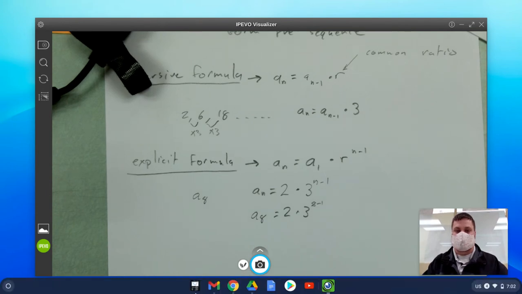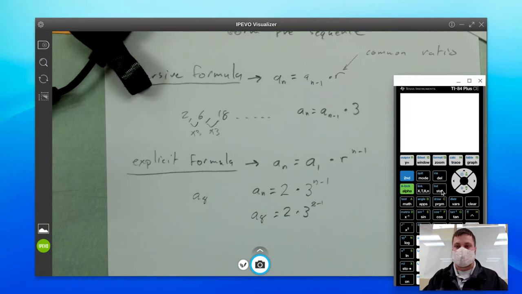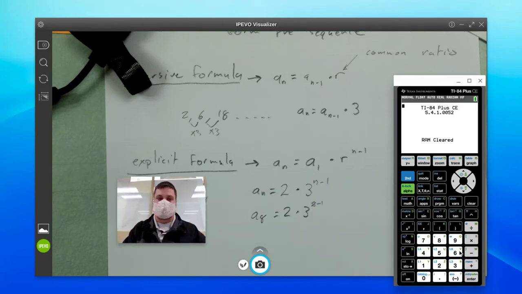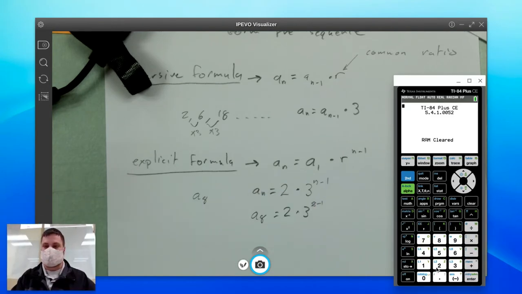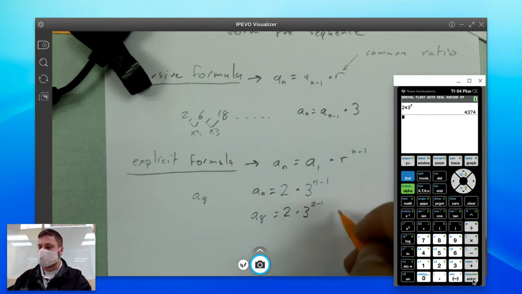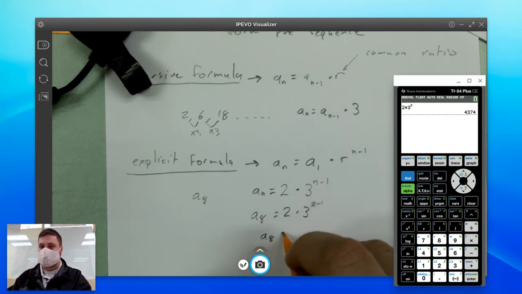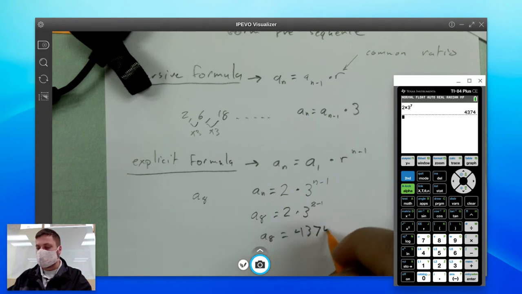So I can take my calculator here. Let me move this video to the other side so you can see I've got 2 times 3 to the 8 minus 1, or 7th power. The 8th term there would be 4,374.